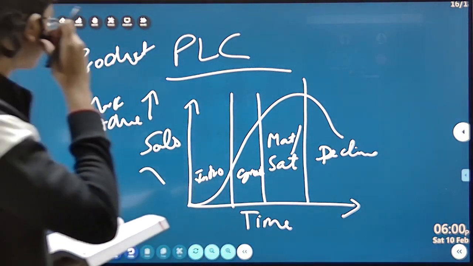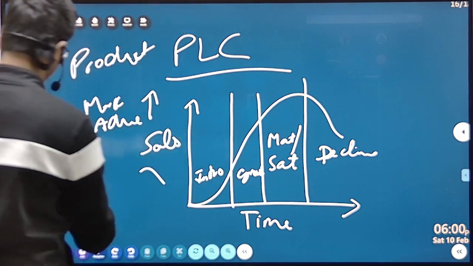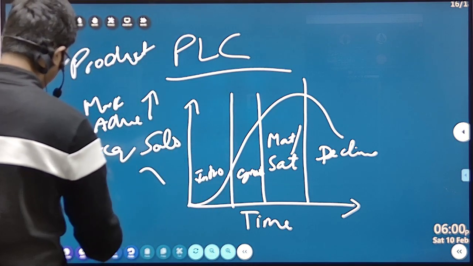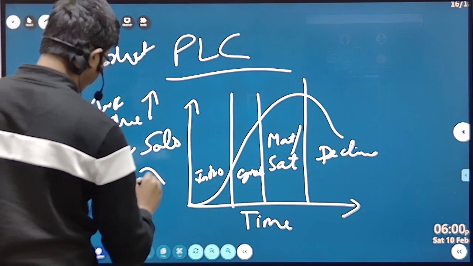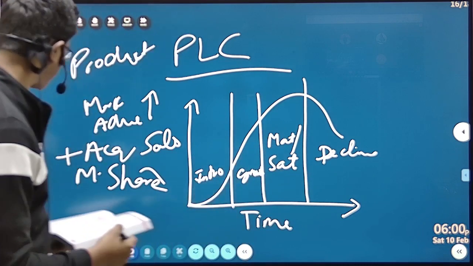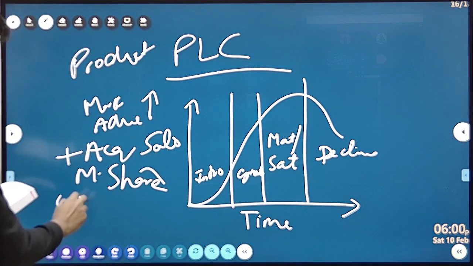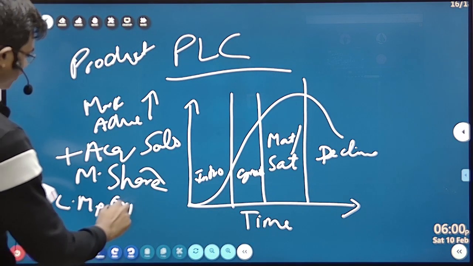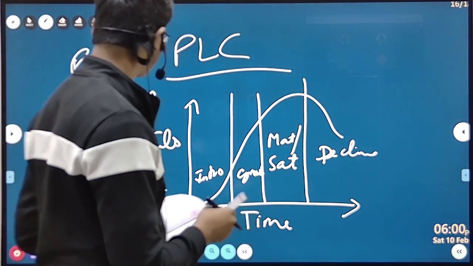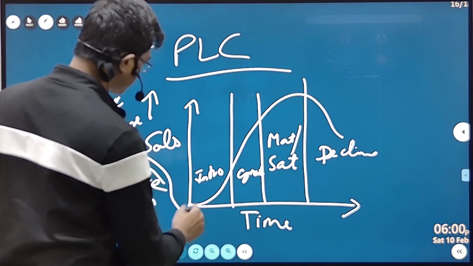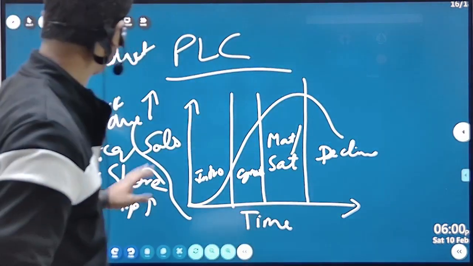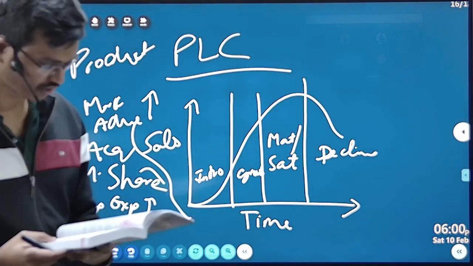That is just to get market penetration, so they want to acquire market share. In the introduction phase, your margins will be low and your expenditure will be very high, because your sales have not reached a level where your average cost of production is low, so your cost will be very high and that is why your margins will be very low.